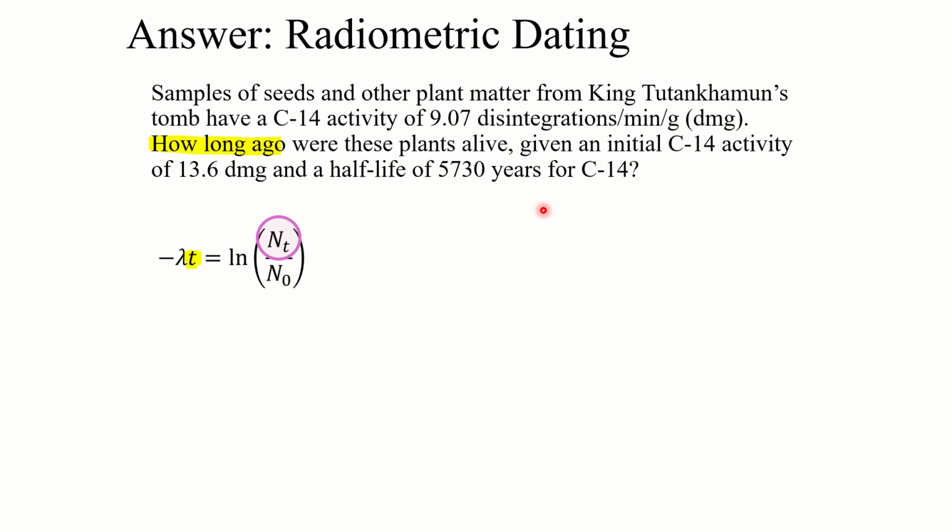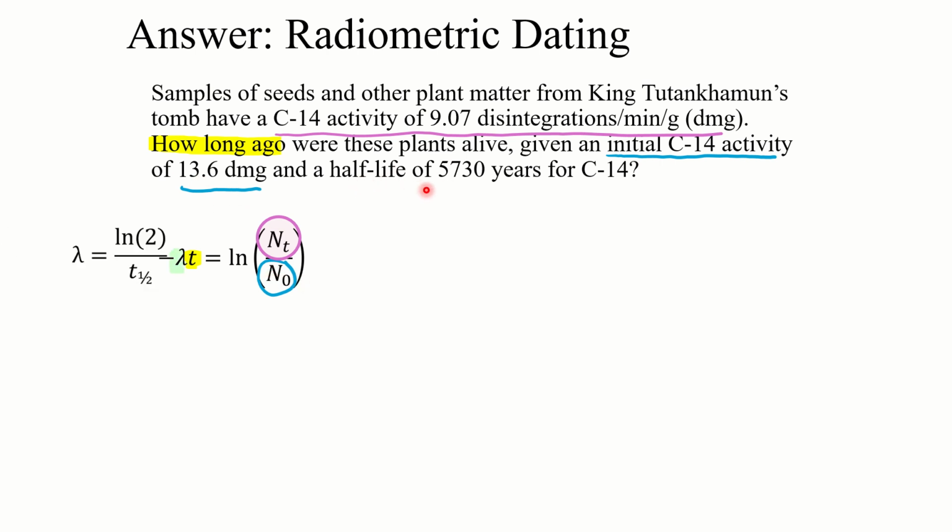How do we find this? Well, the question is asking how long ago, so what we're trying to solve for here is t. Now, on a question like this, where it says a C-14 activity of 9.07 disintegrations, that's the current activity, so 9.07 can be used as your N_t value. And then given an initial activity of 13.6, that can be used as your N_0 value.